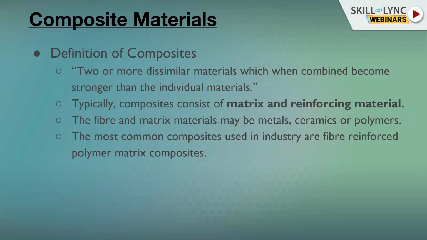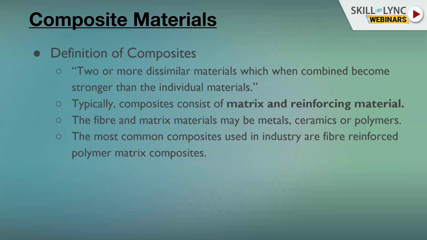The matrix material is the one which is holding the reinforcement materials together, and the reinforcing material, for example in this case the steel bars, are the reinforcement or load carrying members. So they are the primary structure of the composites. They are the ones who take the load, and their strength is very important. Whereas the matrix is the one which binds these reinforcing materials together to give us high strength.